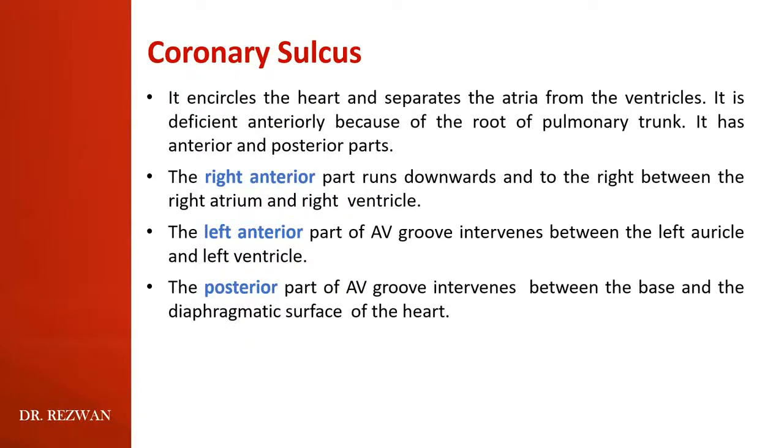The left anterior part of the atrioventricular groove intervenes between the left auricle and the left ventricle, which we have already seen. The posterior part of the atrioventricular groove intervenes between the base and the diaphragmatic surface of the heart, which is not that clear, but it is mainly seen by a special structure called the coronary sinus.